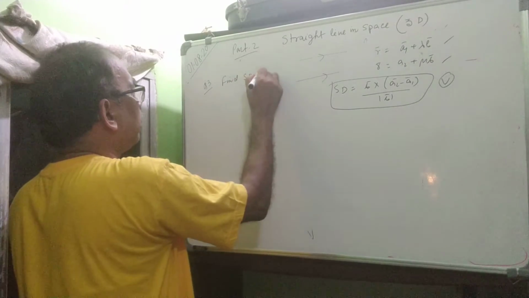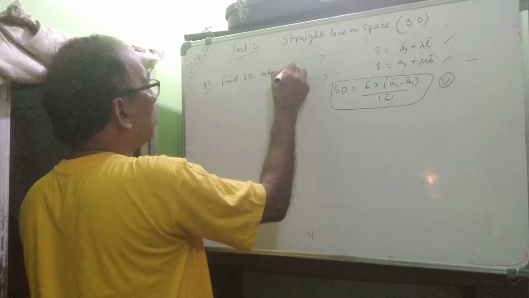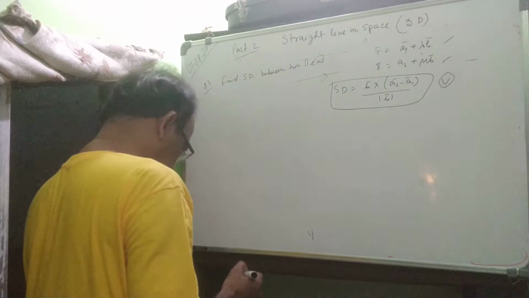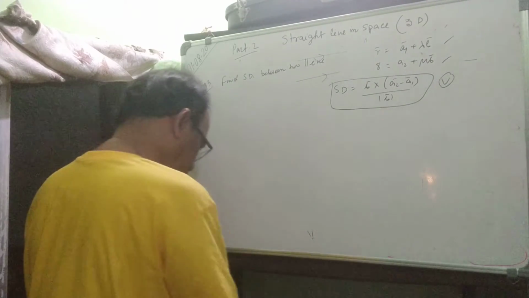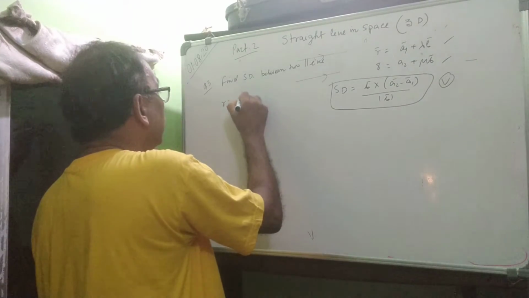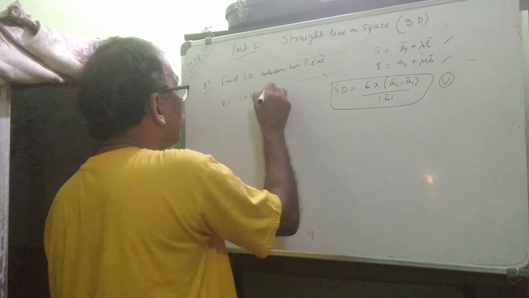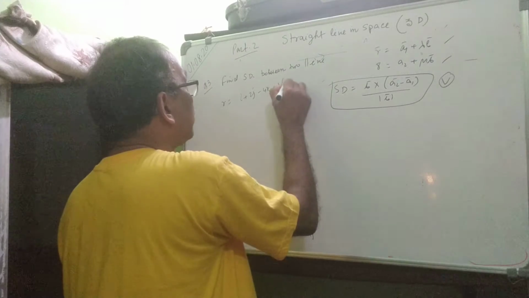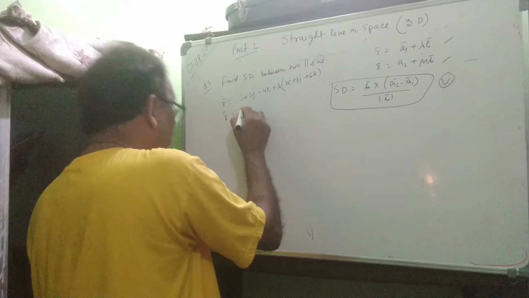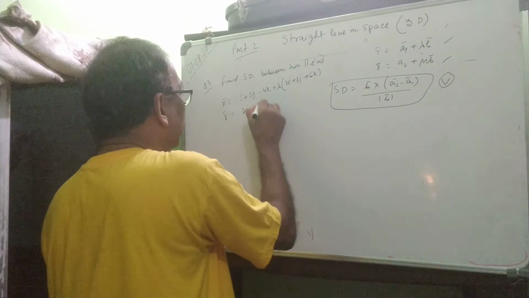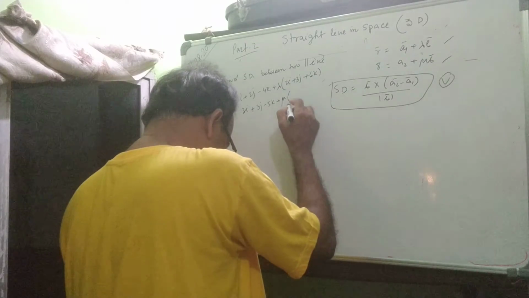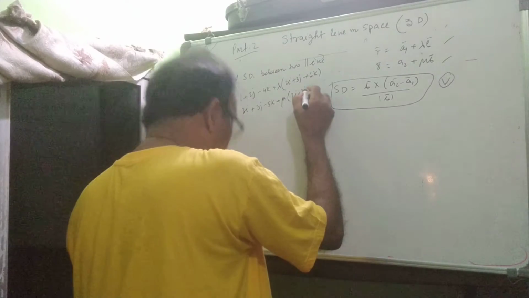Find the shortest distance between two parallel lines: r equals i plus 2j minus 4k plus lambda times 2i plus 3j plus 6k, and another r equals 3i plus 3j minus 5k plus mu times 2i plus 3j plus 6k.